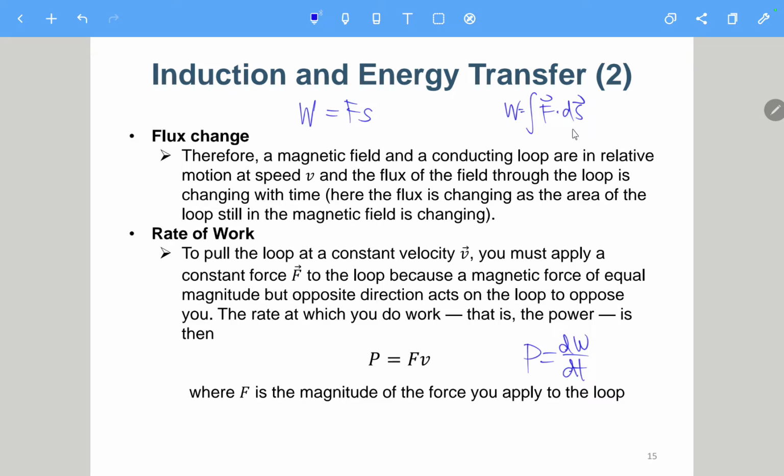So it is like the integration of F dot ds over dt, something like this. We assume that F is a constant, so we only take the derivative of s, so it finally becomes F dot v.